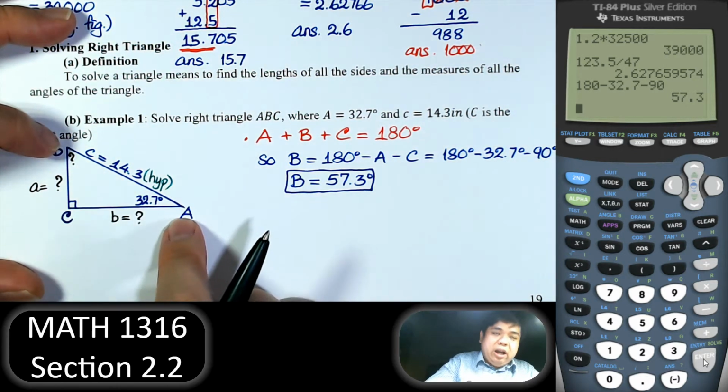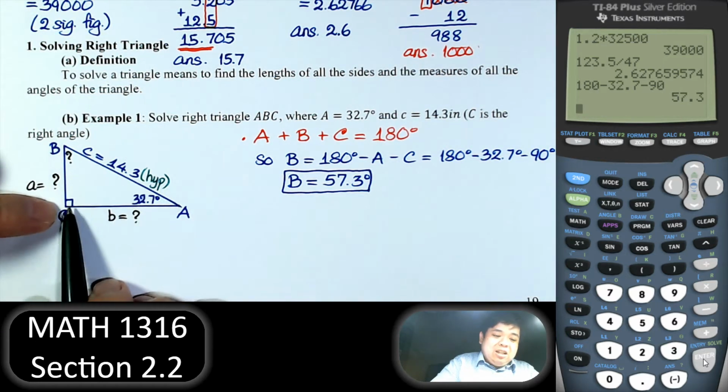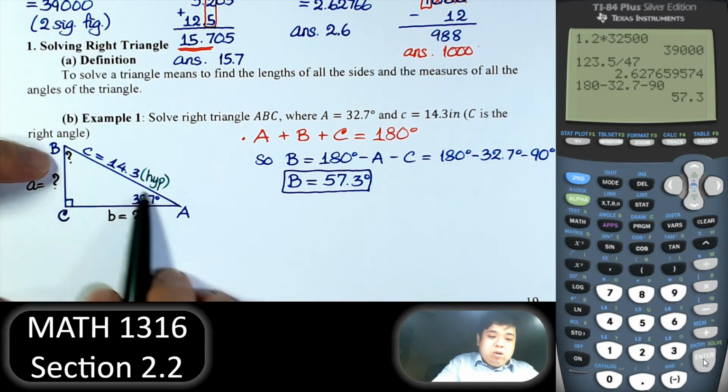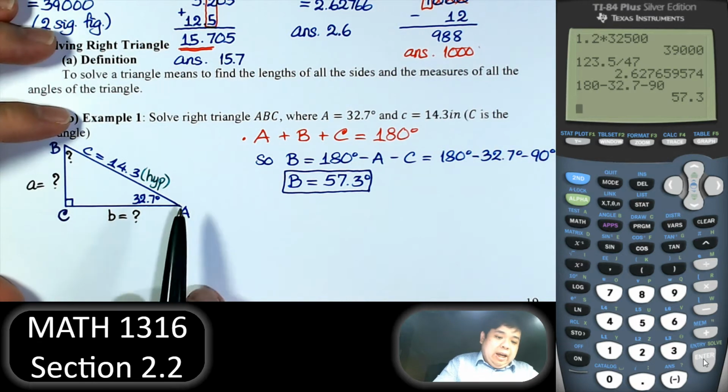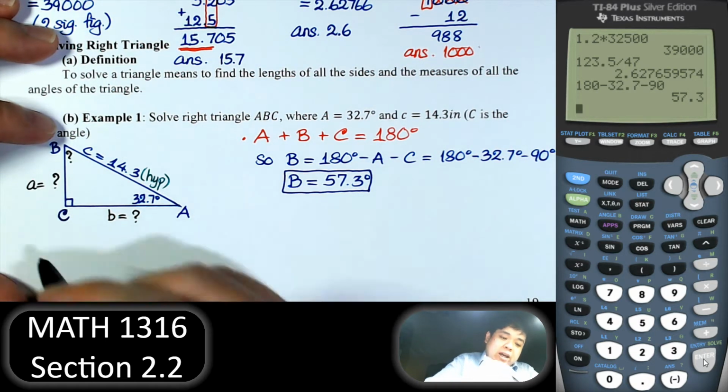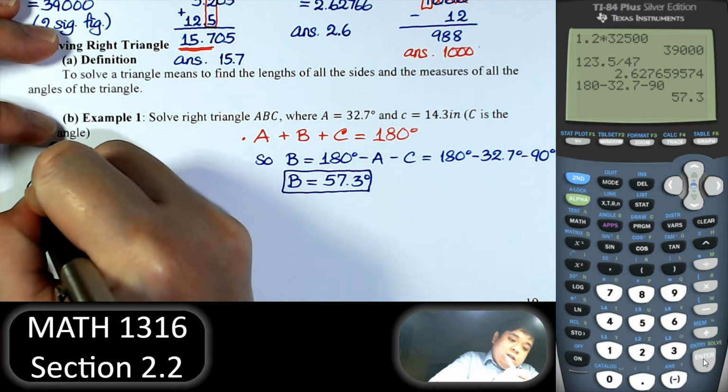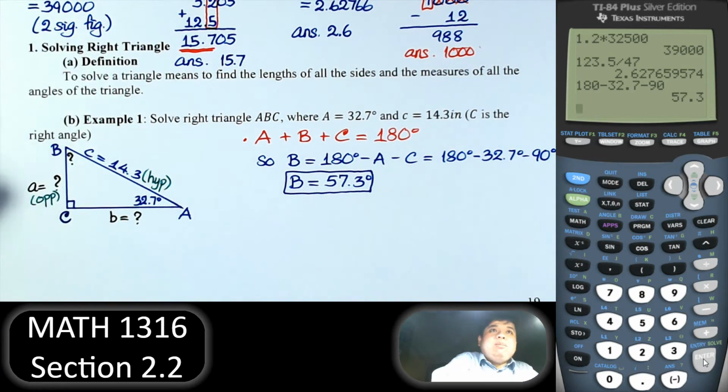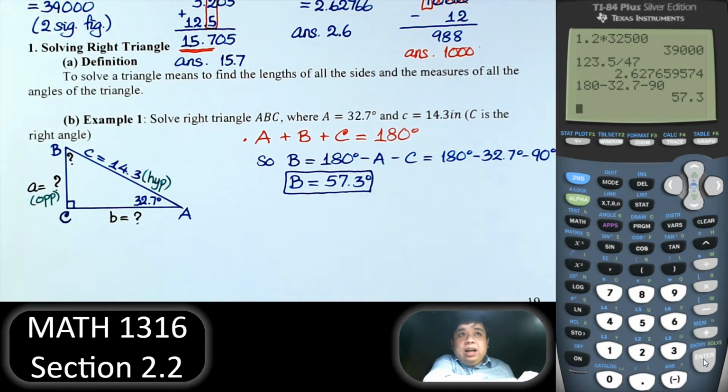Actually, it doesn't matter, because that is opposite to angle C, the hypotenuse is opposite the right angle. And with respect to angle A, little a is opposite. Then they ask you what ratio has opposite and hypotenuse in it.